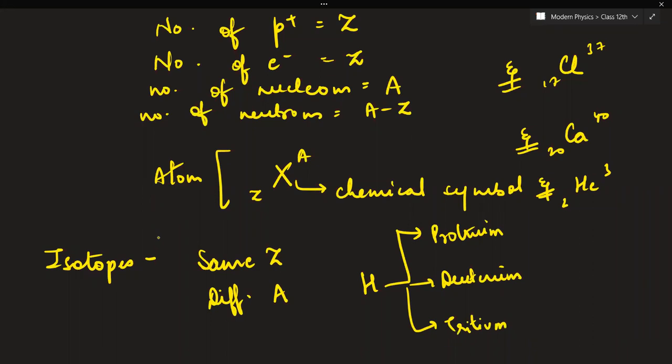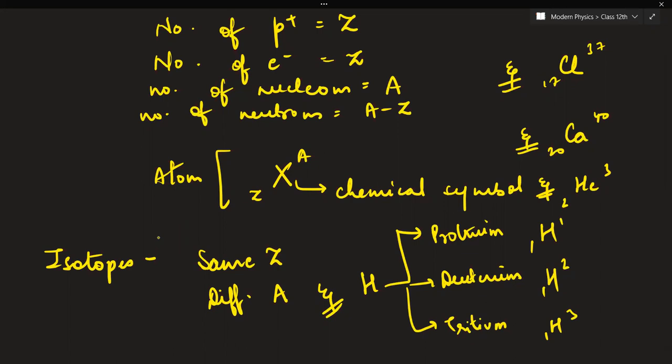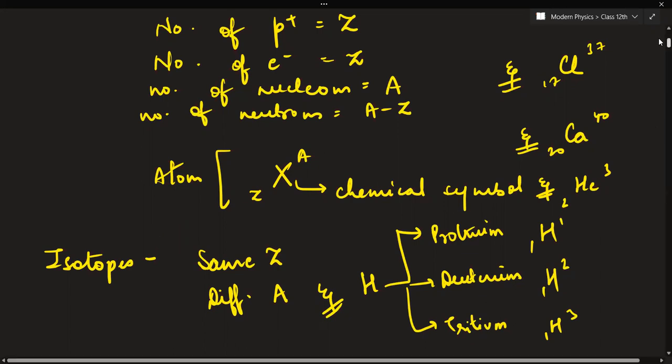All of them will have the same Z. It means H, H, H will be 1, 1, 1 only, because Z is the same, but the difference will arise in the mass: 1, 2, and 3. This is a good example of isotopes. Fine. Lithium also has isotopes, gold also has isotopes, chlorine also has isotopes. Then comes the concept of isobars. Isobars have the same mass number but different atomic number. Opposite to this.